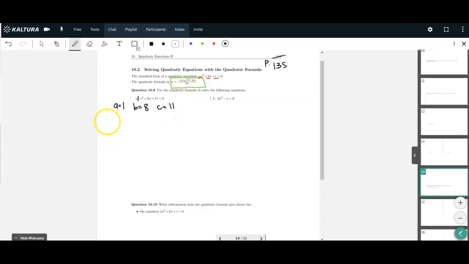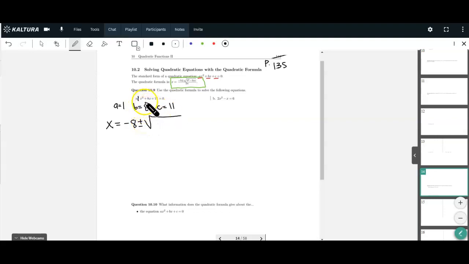So this will have x equals negative b, so you do the opposite of whatever b is, negative 8, plus or minus the square root of b squared.